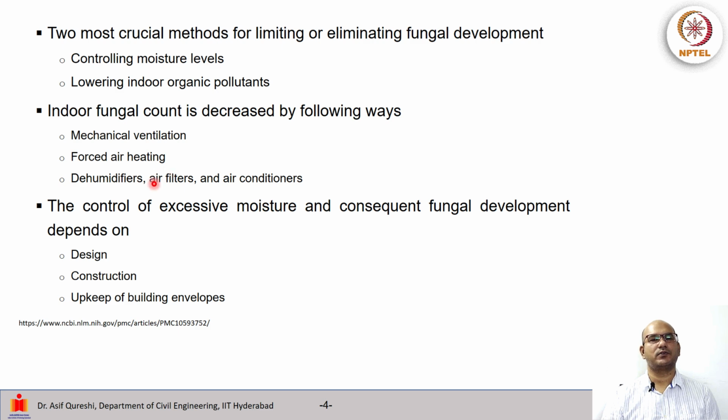Then one can also have dehumidifiers, so that the relative humidity is reduced. One can have air filters, and air filters in the air conditioners also. So that way we can have reduced fungal counts.